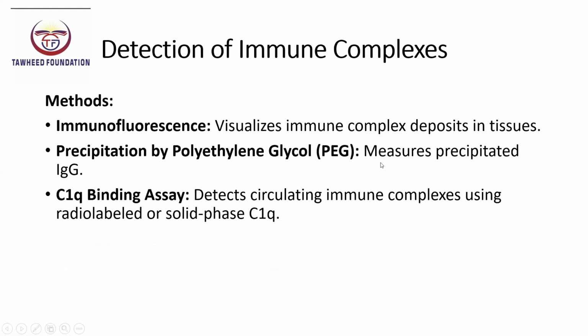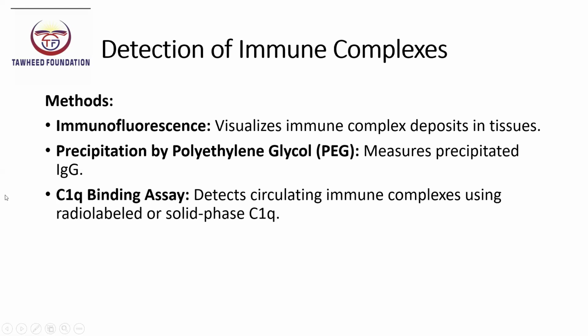Next is detection of immune complexes. Detection of immune complexes is important for diagnosis. Immunofluorescence can visualize complexes deposited in tissues. Precipitation with polyethylene glycol, that is PEG, measures the amount of IgG involved in circulating complexes.